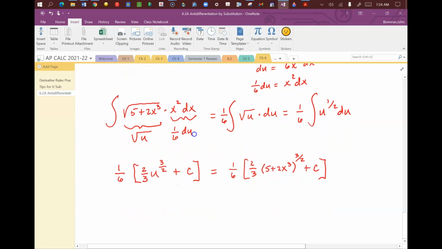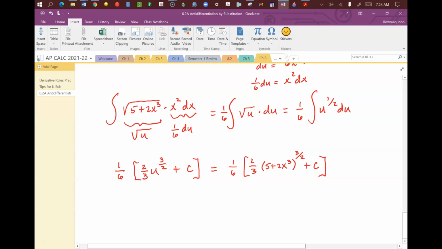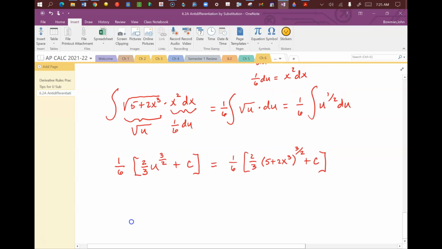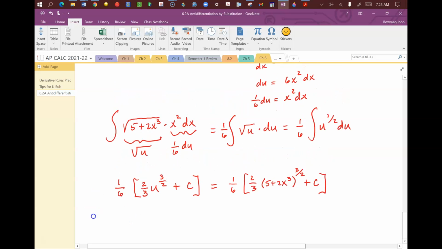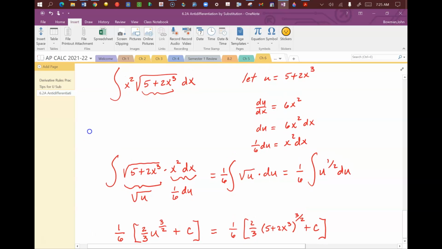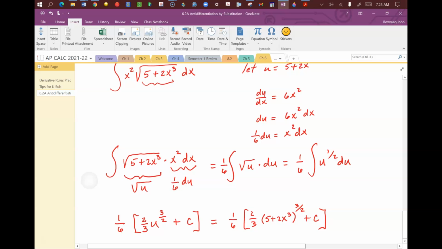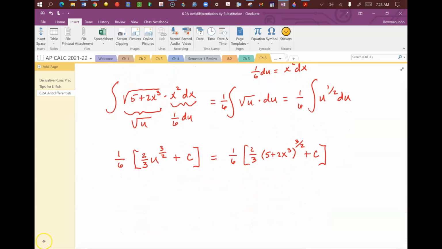And you can distribute the 1/6 if you like, and simplify that or reduce it with the 2/3. The c, you don't have to write it as 1/6 c, you can just leave it as c because 1/6 of a constant is still a constant. But if you want, you can verify that by differentiating that final answer and verifying that we get back to our original integrand, x squared times the square root of 5 plus 2x cubed.